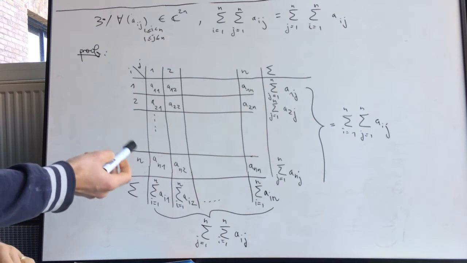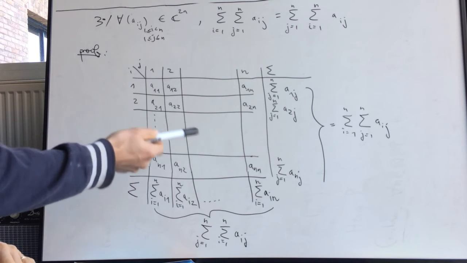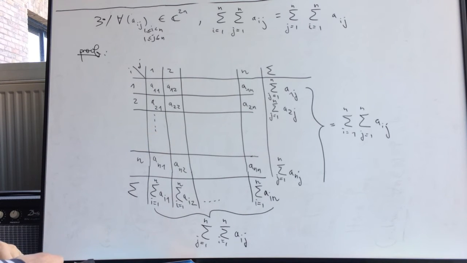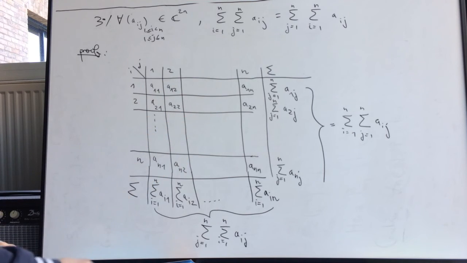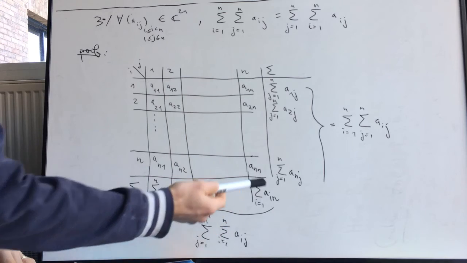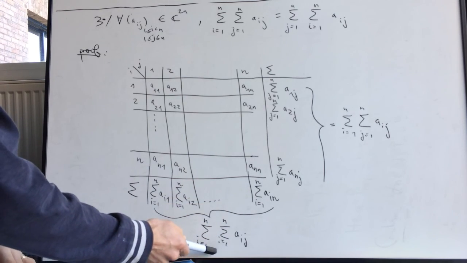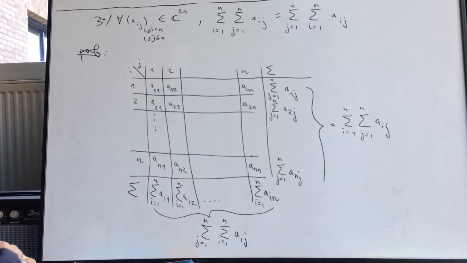So we have calculated the sum of all those numbers in two different ways, by line or by column, and we get the same expression. So this double summation is equal to this double summation.